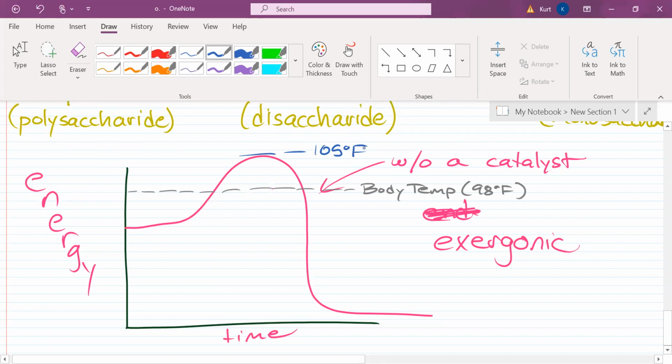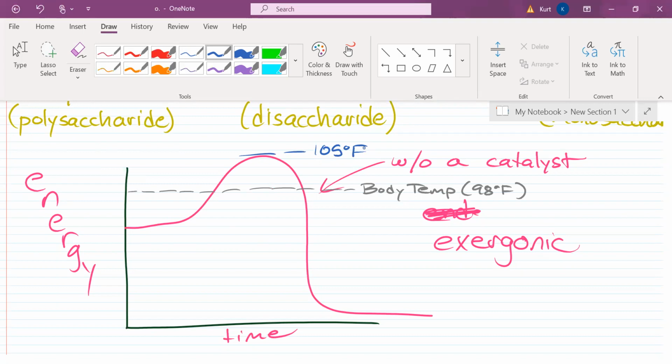If your body got up to 105, that's going to be borderline hospitalization. That's not safe. But you got a problem. You need to make the products of this reaction, and the reaction requires a temperature of 105 degrees Fahrenheit. So are you going to be able to make products? Maybe a little, but nowhere near what you're supposed to.